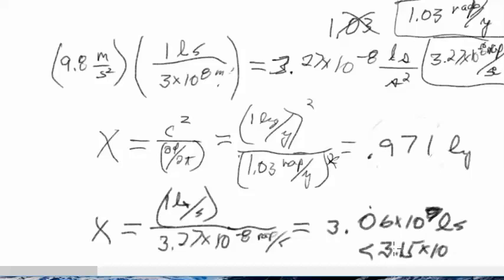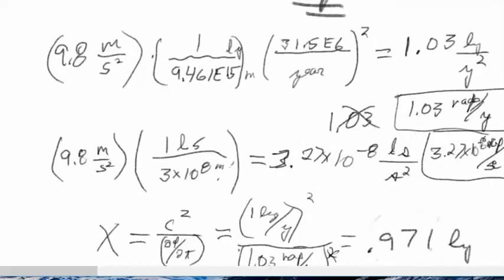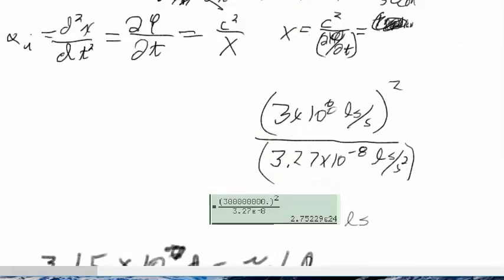Just a little bit less than the 31.5 million seconds in a year, which would be 1 light year. So yeah, they both come out to be about the same answer, with Rindler coordinates being approximately 1 light year.